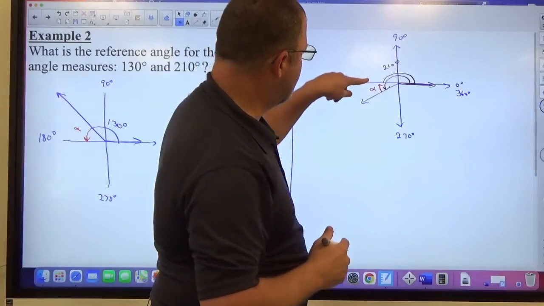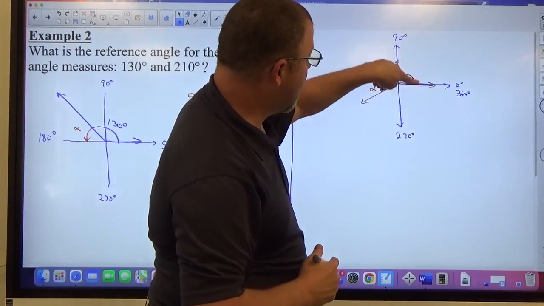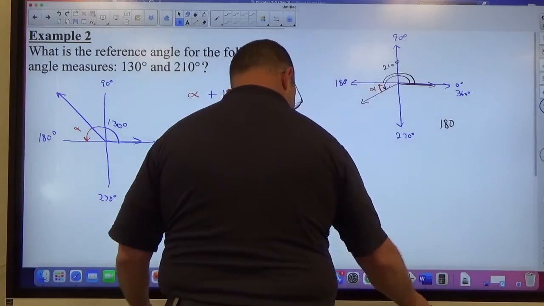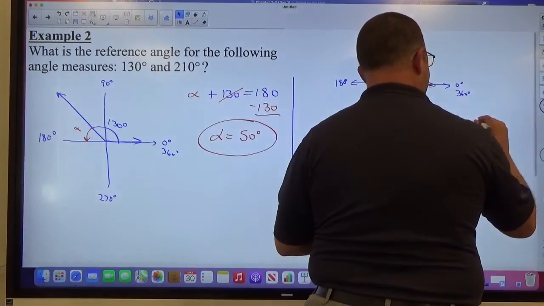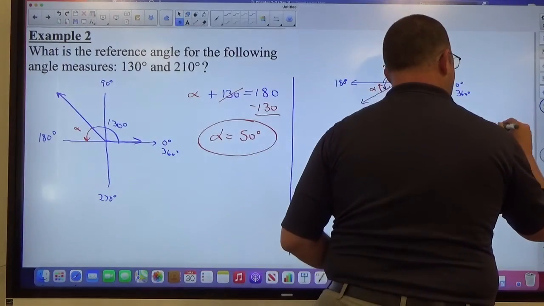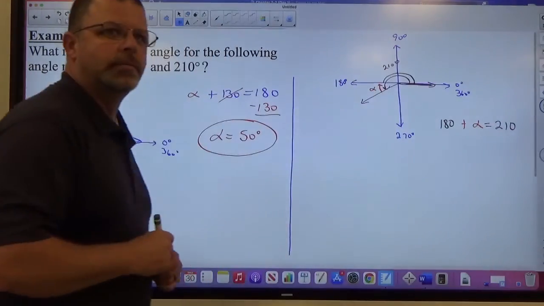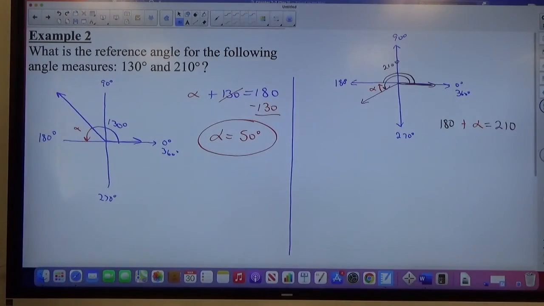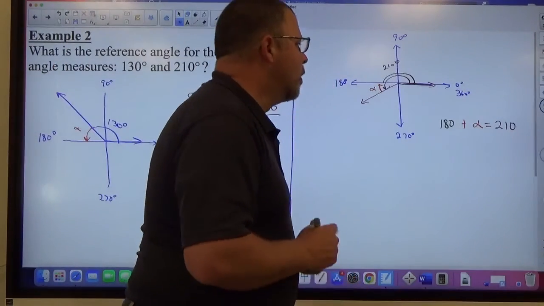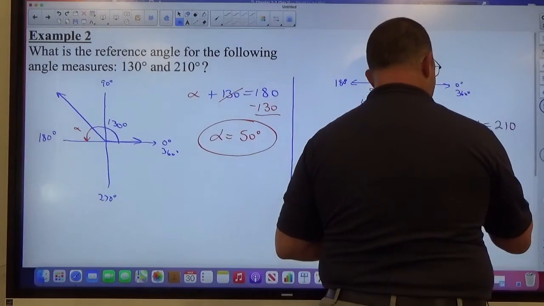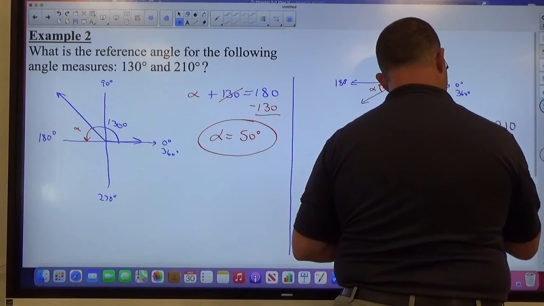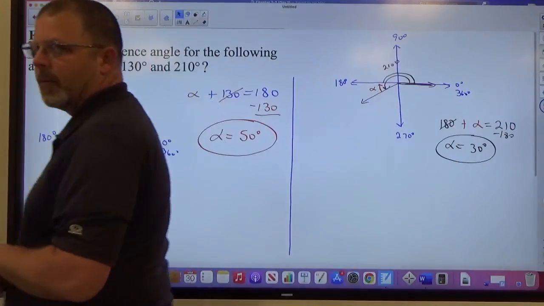So the relationship between the purple and the red and the black is that 180 degrees plus the reference angle alpha is equal to the entire angle 210. Okay. So if I move the 180 over, I'm going to get alpha equals 30 degrees. There's my reference angle for that one.